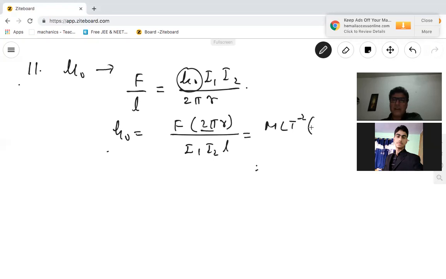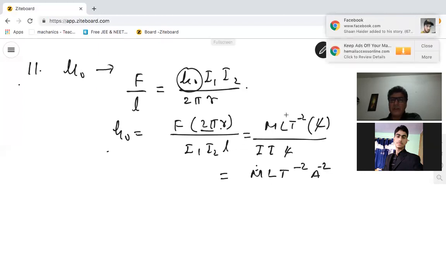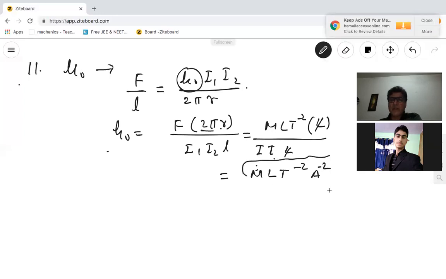It is L, divided by current, which is itself a fundamental dimension, and I, again a fundamental dimension, and L. This L gets cancelled, and I will write M L T minus 2 A minus 2. Going up it becomes minus 2. It's ampere raised to power minus 2. You can write I raised to power minus 2, the same thing. That is the answer.